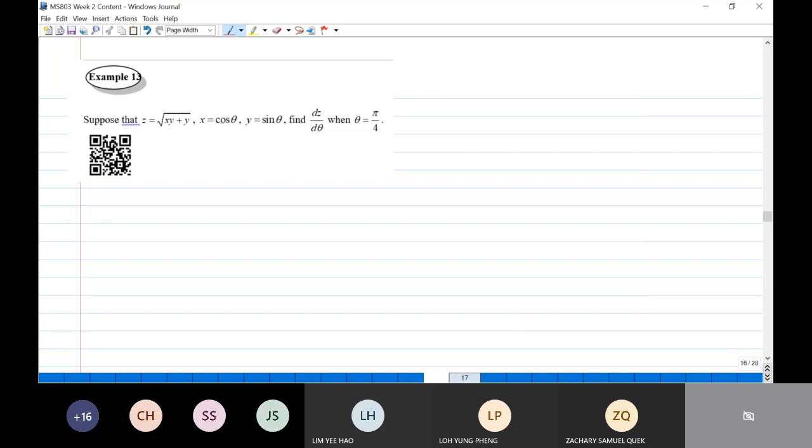If you watch my video, I show you my calculator can do differentiation and give the answer straight away. You put x equal to x cosine theta, y equal to y cosine theta, then differentiate with respect to theta. Anyway, just a side note here.